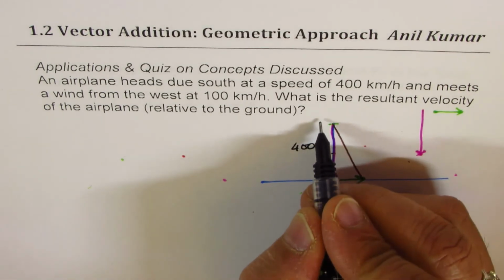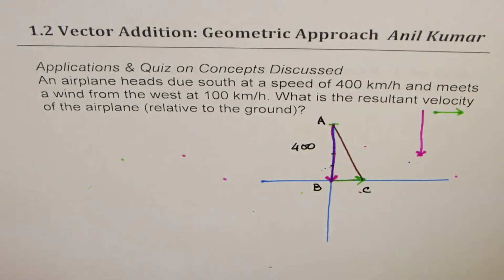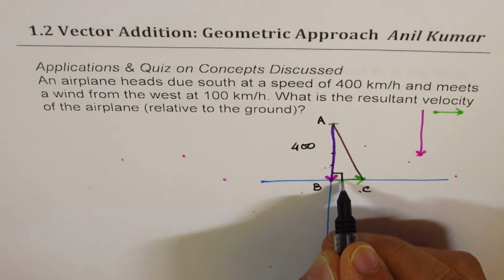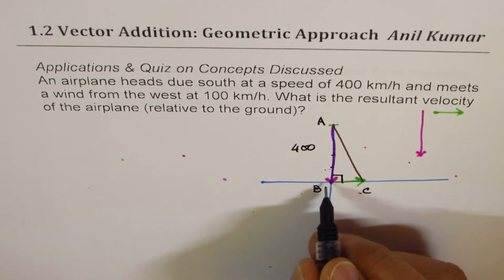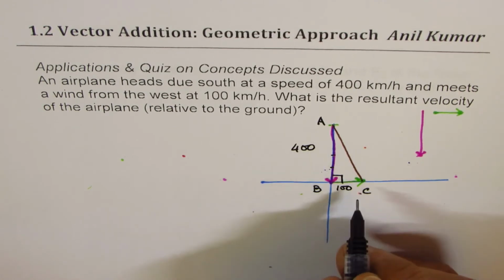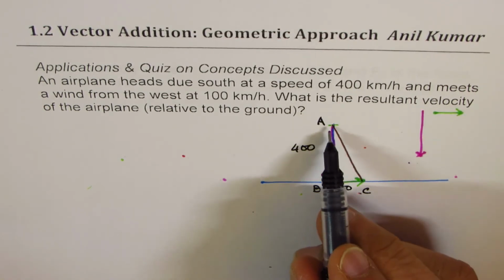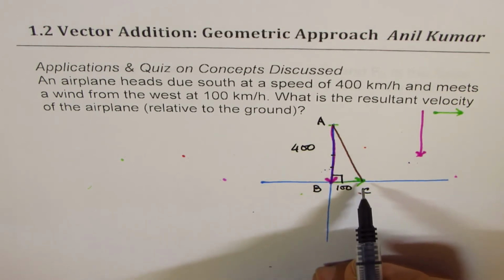Let's say these points are A, B, and C. Since the direction is north, south, and east, west, we do have a right angle here. And the length BC will be represented as 100 units in the diagram, right? So what is the resultant? So the resultant is AC.